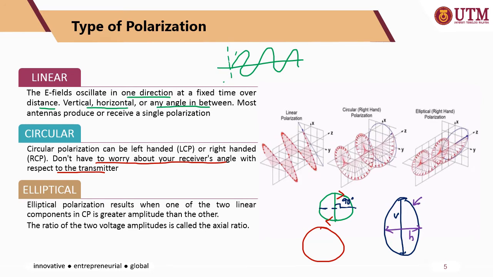Right, so the ratio between the two voltage amplitudes of the vertical and horizontal components is called the axial ratio. So when the axial ratio is equal to 1, it means that the polarization is actually circular polarization, where both the vertical and horizontal have the same magnitude.